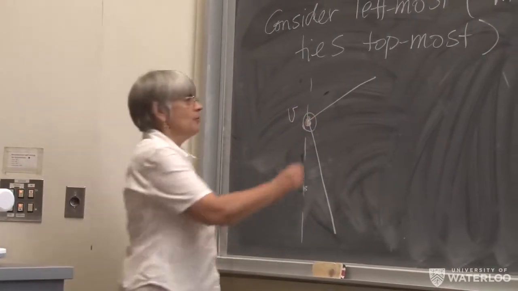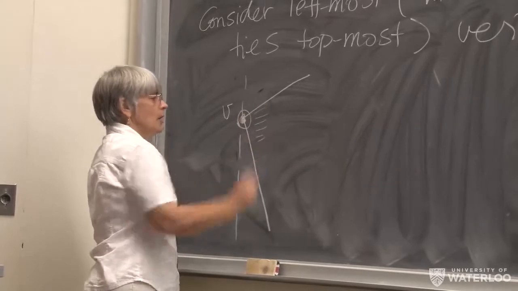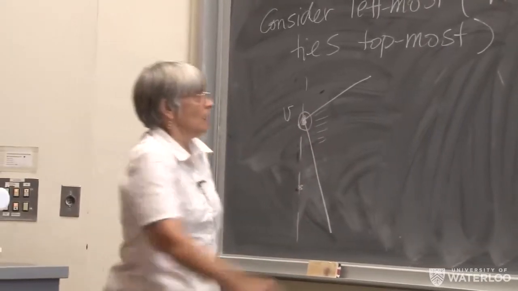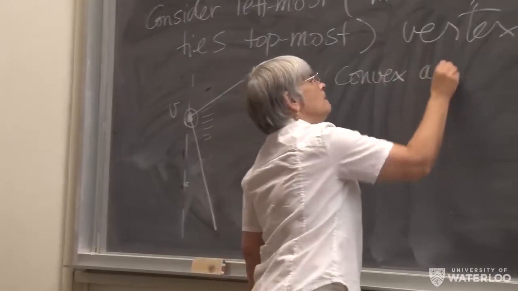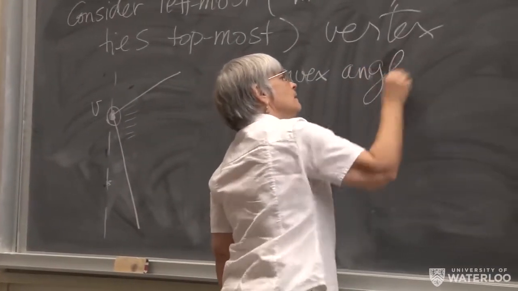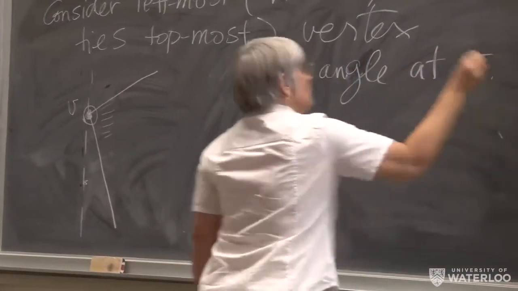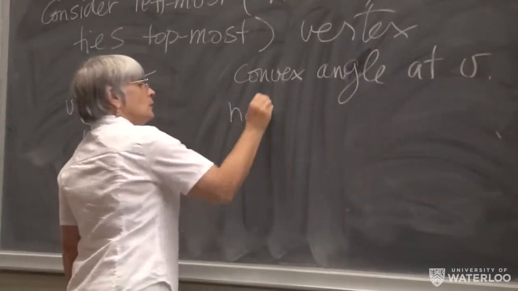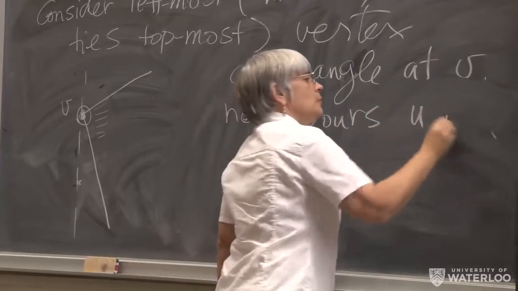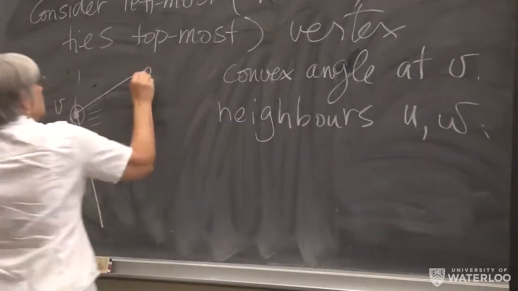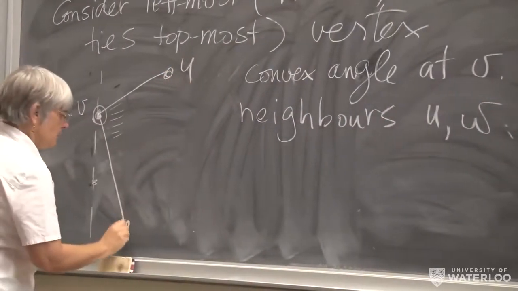So we're going to start our proof here. Here's the inside of the polygon. So there's a convex angle at V. And we're going to look at its neighbors, U and W. So U is up here and W is down here.